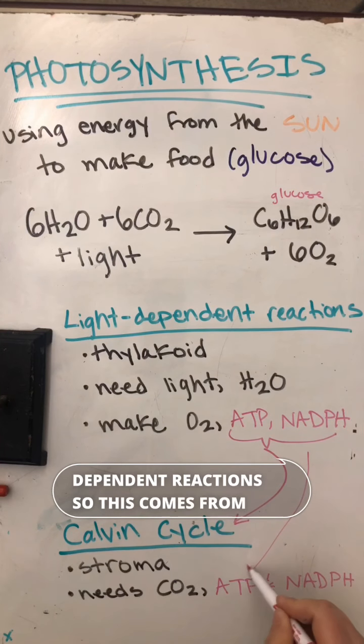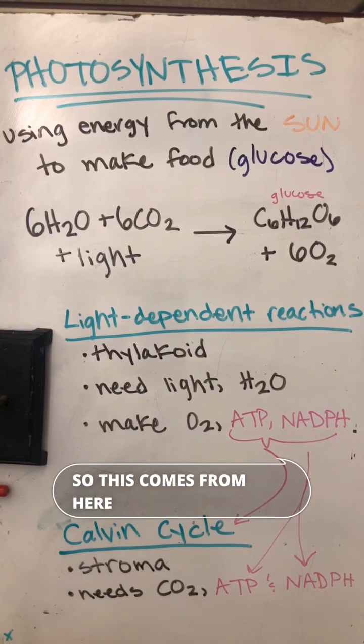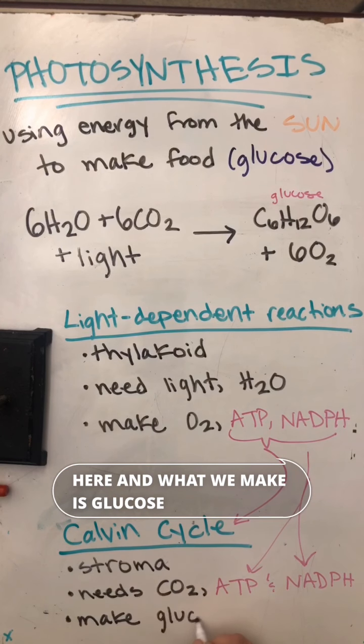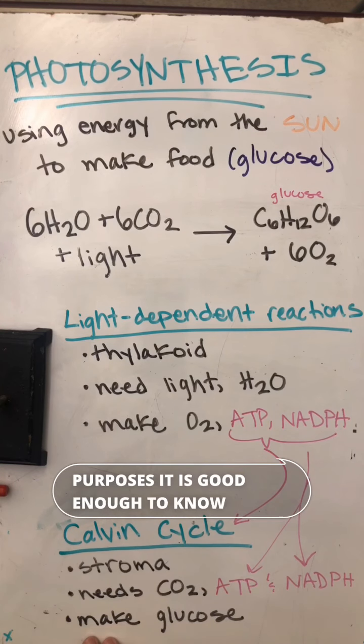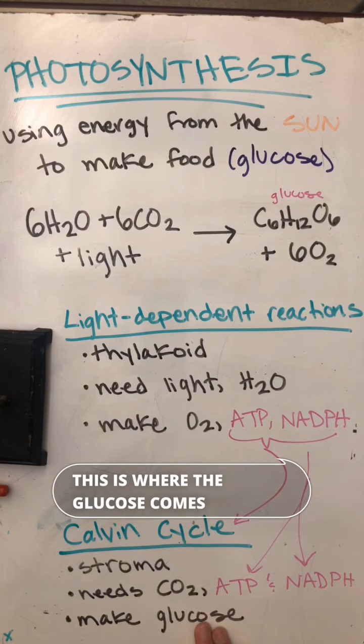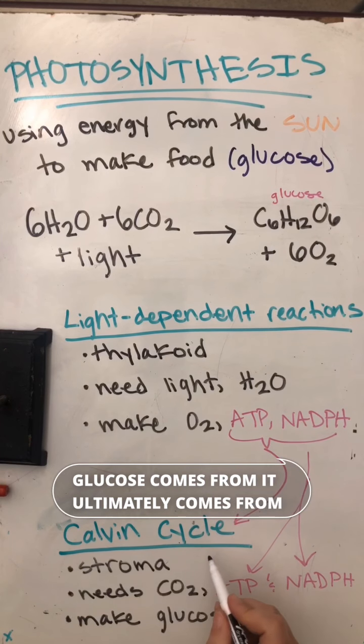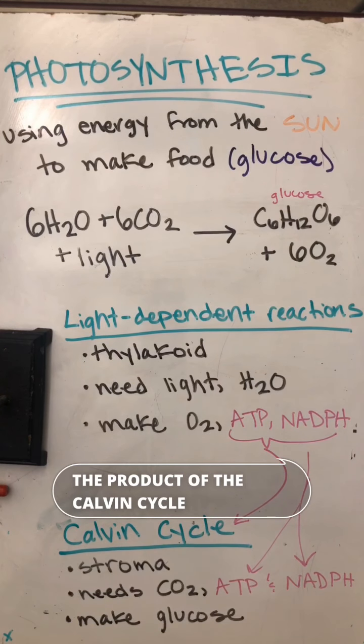So this comes from here. And what we make is glucose. We actually make a precursor to glucose, but for our purposes, it is good enough to know that this is where the glucose comes from. It ultimately comes from the product of the Calvin cycle.